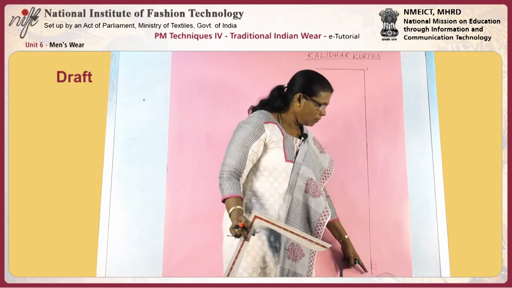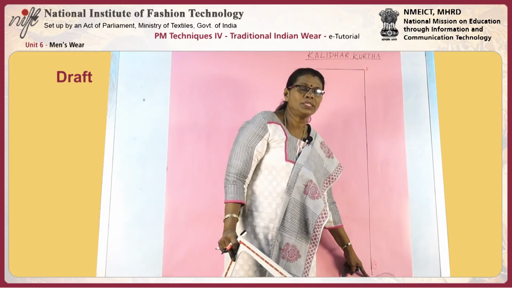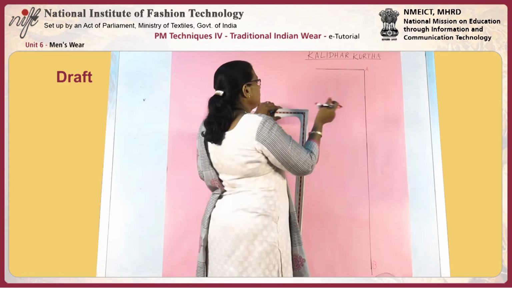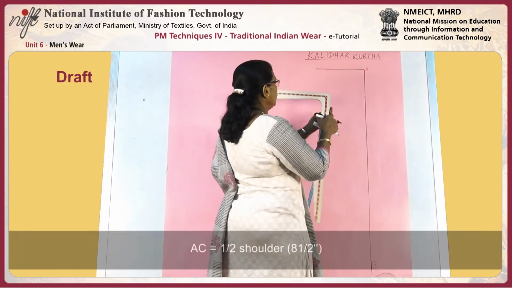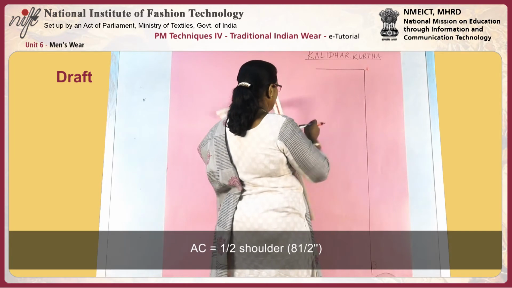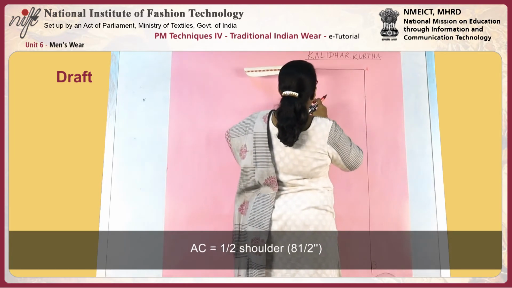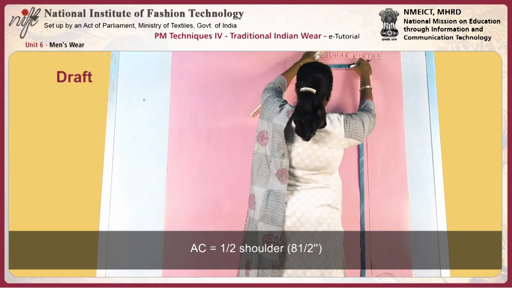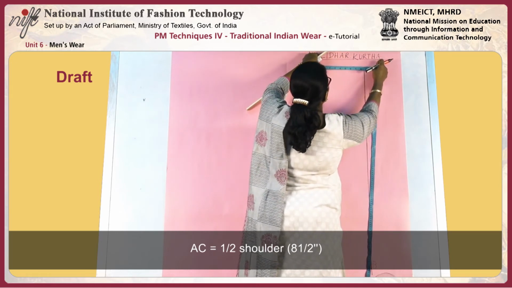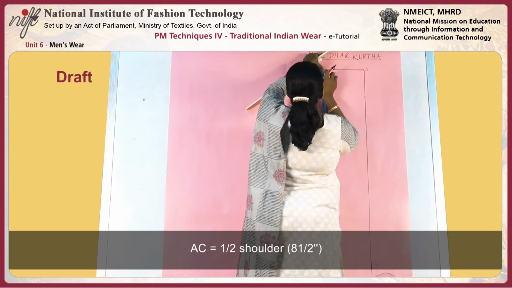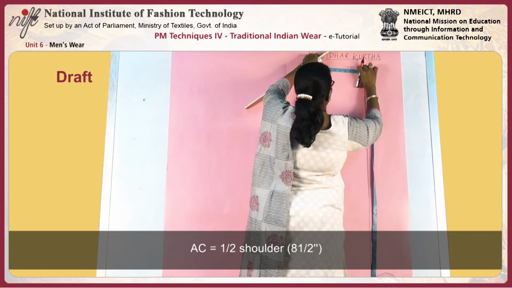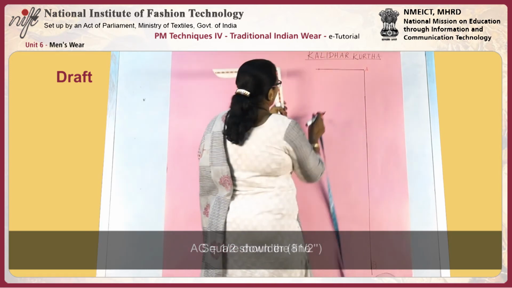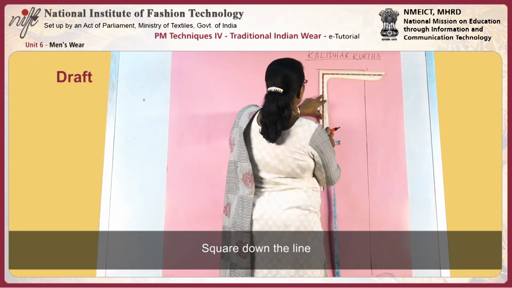So, AB is equal to length plus 1 inch including seam allowance. AC is off shoulder, the shoulder 17 inch, off shoulder 8.5, and square down the line.